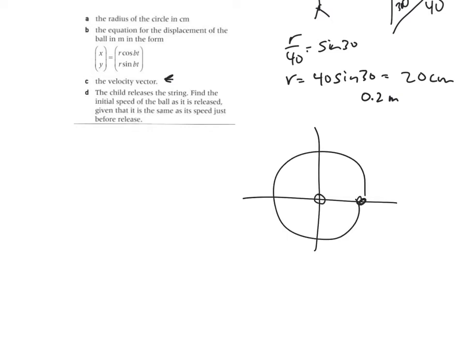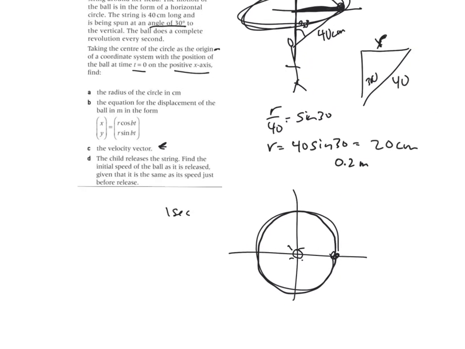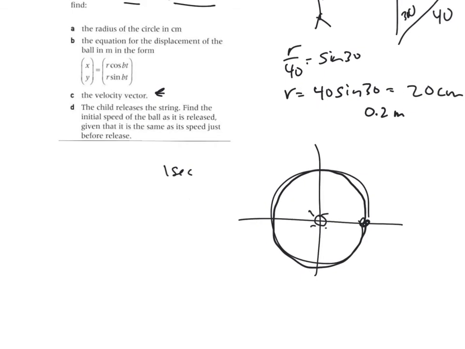Here's the kid's head, and there's his feet and his arms. So we're looking from above. The ball is going around here. It takes 1 second to go all the way around the circle. So the period is equal to 1.